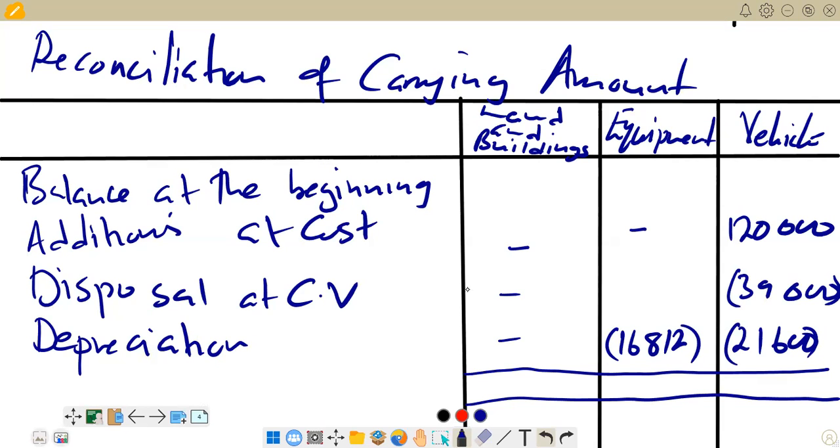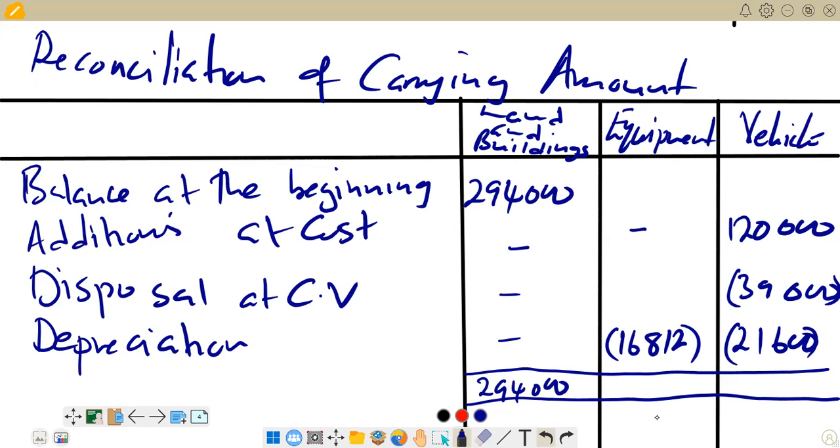So for carrying value, remember, we calculated these carrying values just above there. And what did we find? For land and buildings, we said there's no depreciation, so it's 294,000, which is the same as at the beginning, since there are no adjustments during the year. So here again, we've got 294,000.